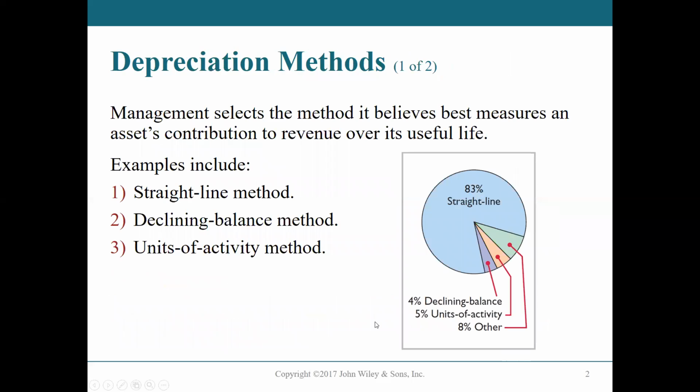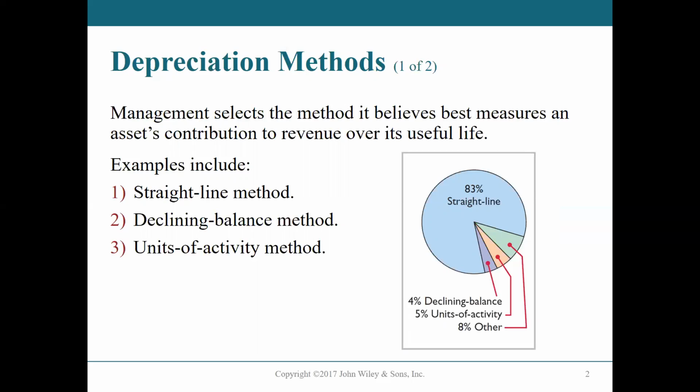All right, so for this book, there'll be 3 types or methods we'll use to depreciate assets. Just so you know, the vast majority of businesses use straight-line depreciation. And that's because the IRS has these schedules. It's called MACRS, Modified Accelerated Cost Recovery System or something.